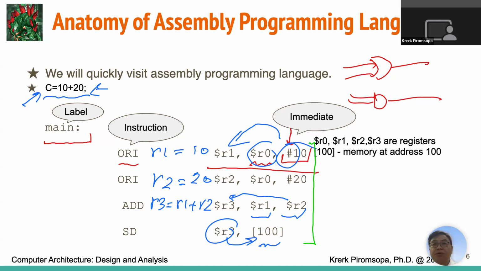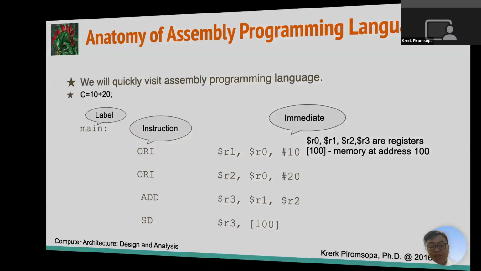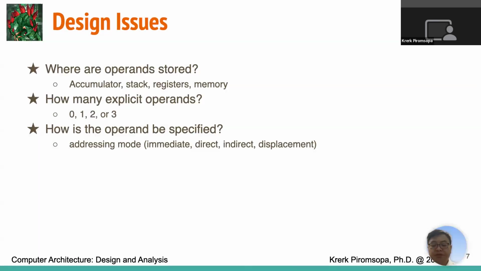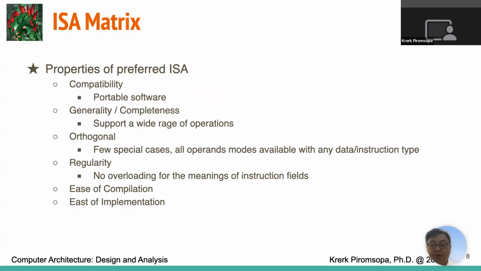Okay, how to address our memory? I put it down here. Okay. So we're going to visit how people design the processor or the instruction set architectures. Just the concept anyway.